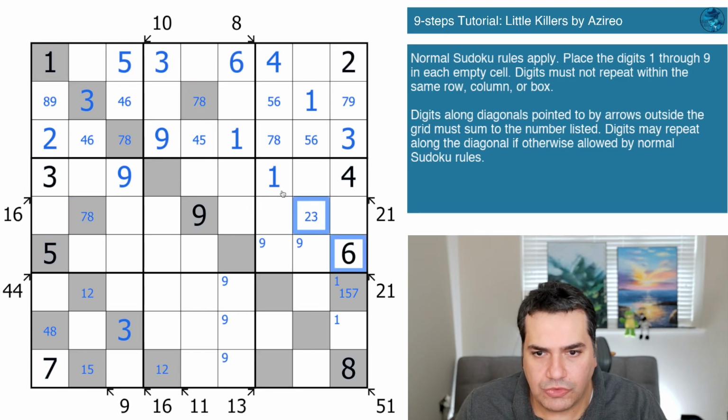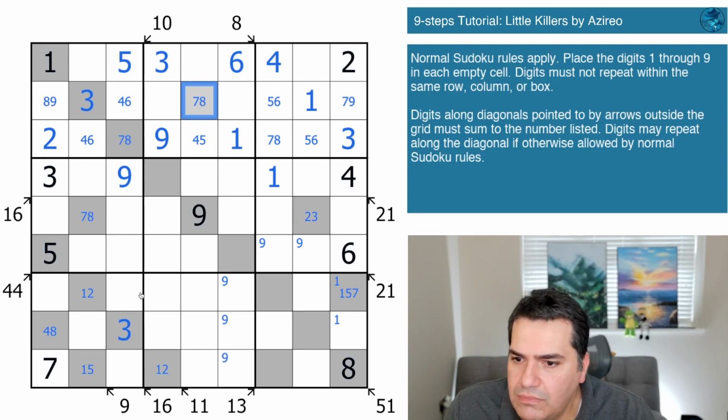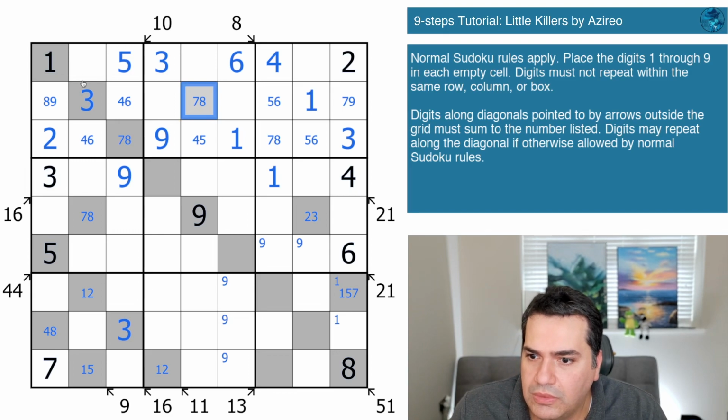Because I've completely pencil marked these diagonals, it's realistically only these cells that are of interest at this point, because once you've solved one of these, you can solve quite a lot of the rest of the puzzle. So let's continue this slow but hopefully steady progress. Doesn't really feel like steady progress just yet.